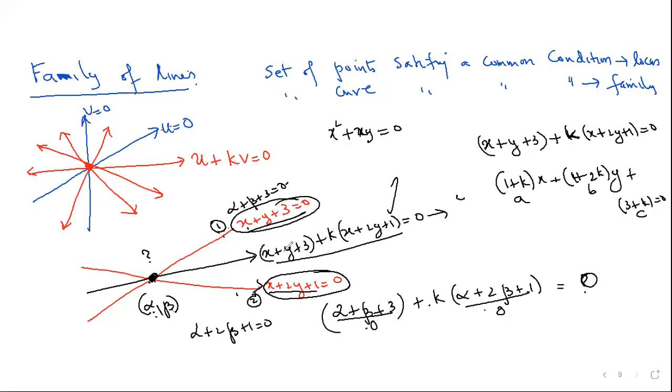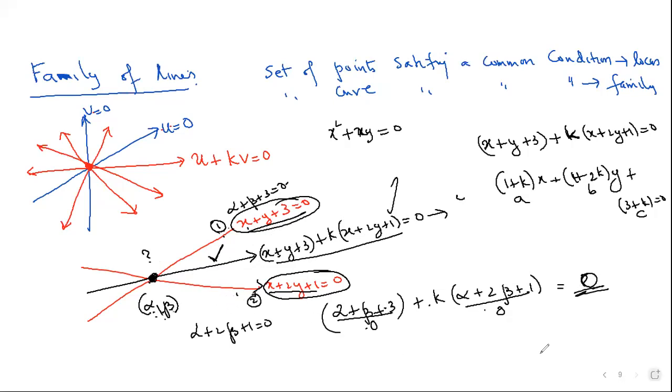That means the first bracket should be 0 and the second bracket should be 0 when I substitute alpha and beta in the equation. Do you agree with this? Understood, sir. Because I got the final answer 0, my conclusion is alpha beta satisfies this equation. Hence, this line passes through this point of intersection.